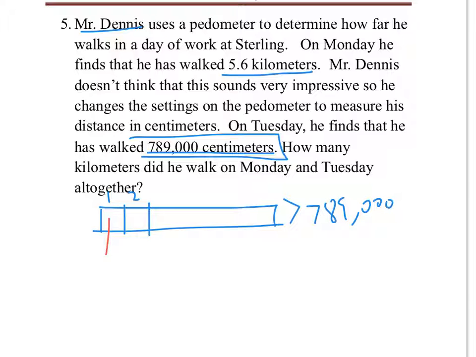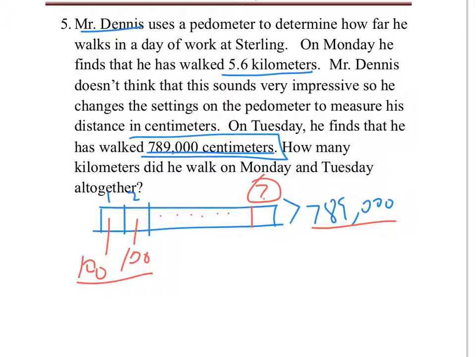And each meter contains 100 centimeters. Okay. And the question is, how many times can we get 100? Okay. And so we have the total, and we have what's in a box. There's 100 centimeters in each box.